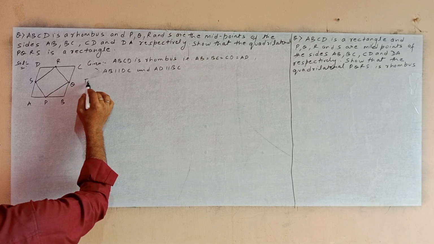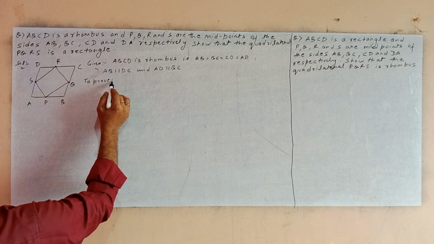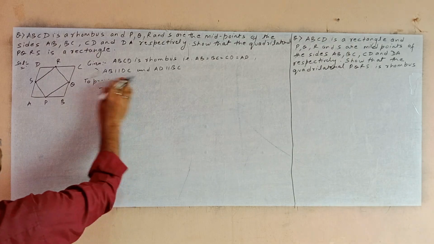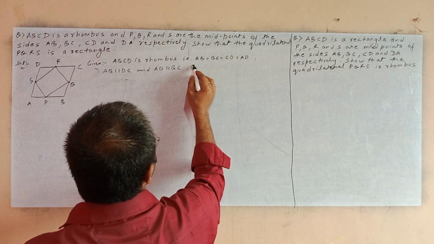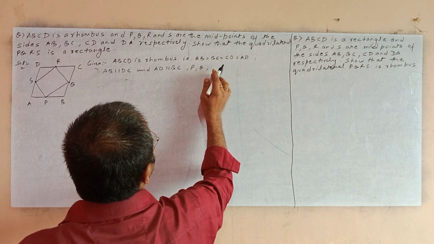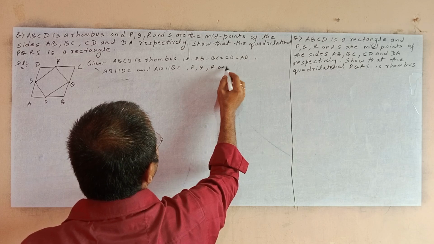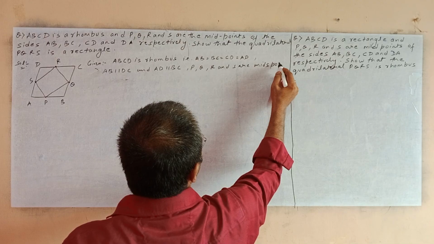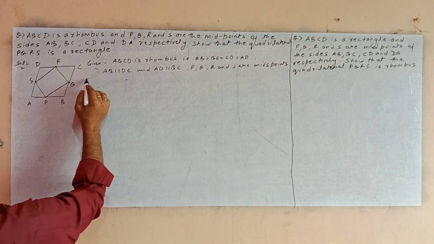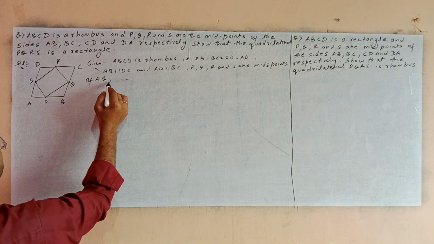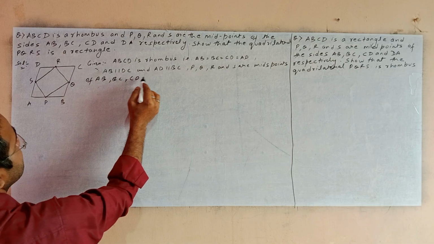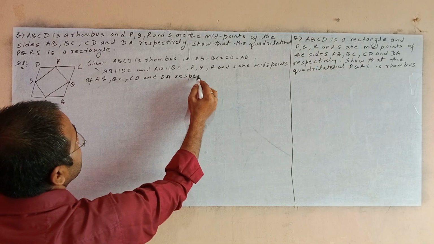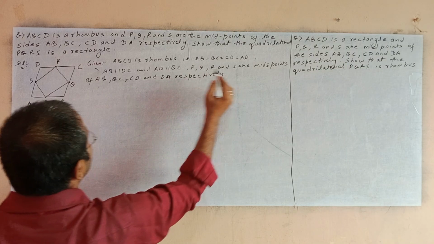Now one more thing is given: P, Q, R and S are midpoints of AB, BC, CD and DA respectively. Okay, these are the midpoints.